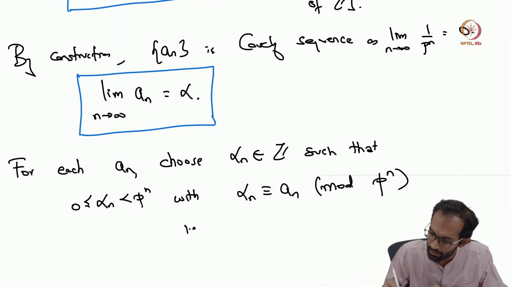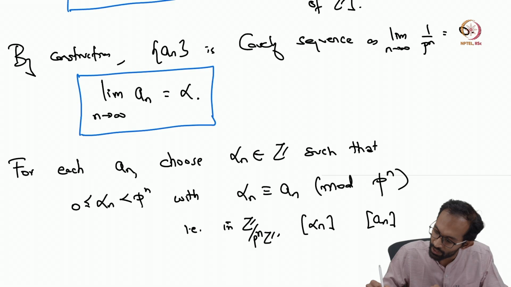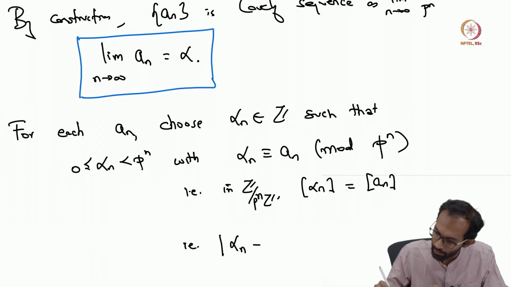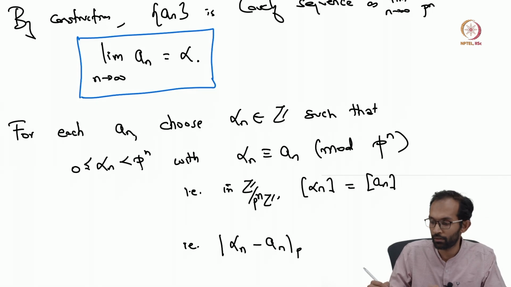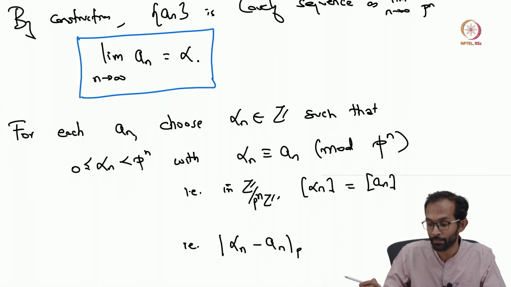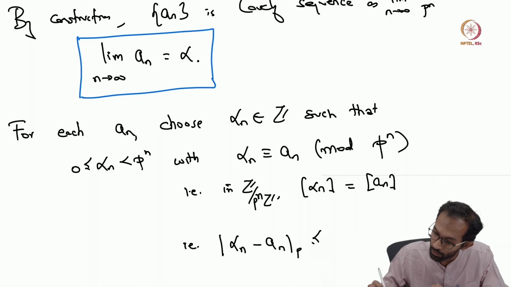What that means is that in Z mod p to the n Z, alpha_n and a_n represent the same element. So when you take the difference of alpha_n and a_n, the difference is divisible by p to the n, which means its p-adic valuation is at least n. So if you take the p-adic absolute value, this is less than or equal to 1 over p to the n.